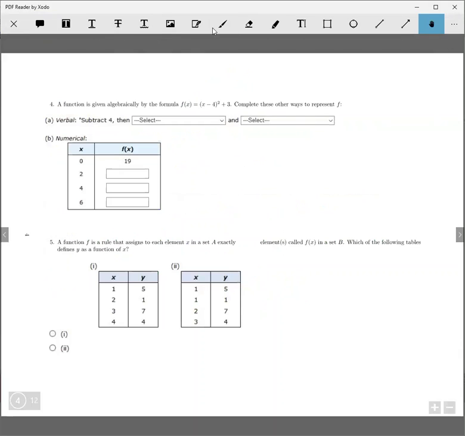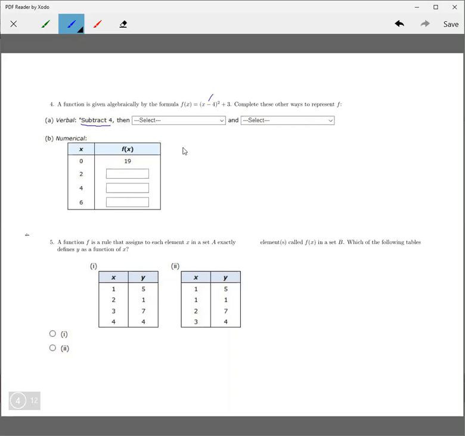Moving along to number 4. A function is given algebraically by the formula (x minus 4) squared plus 3. We're going to do the verbal description of this function, and it's kind of like a bedtime story. We start out with: once upon a time there was an x. The first thing is you subtract 4.